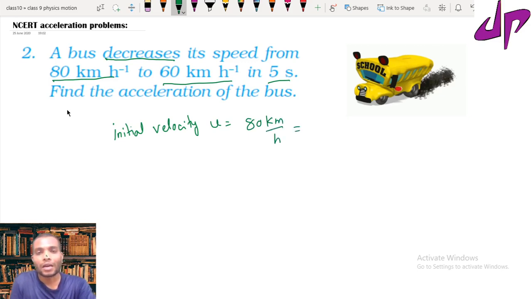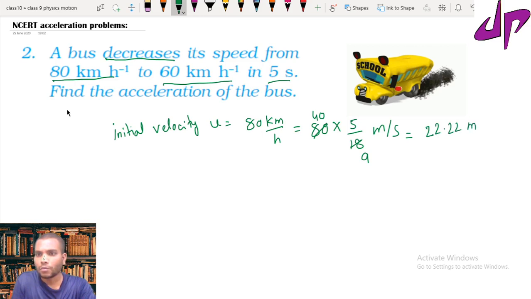Here itself, try to convert into meter per second. To convert kilometer per hour into meter per second, we need to multiply by 5 by 18. For simplification, you can cut with the 9 table; 9 twos are 18, 4 twos are 8. If you do the simplified calculation, you will end up with 22.22 meter per second.